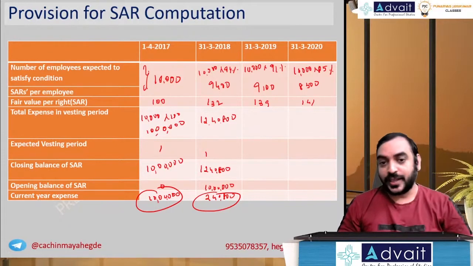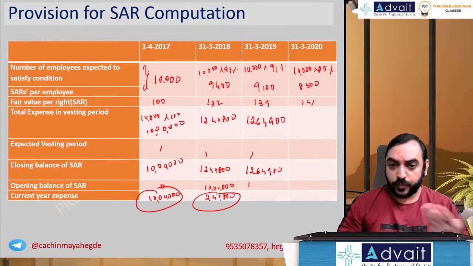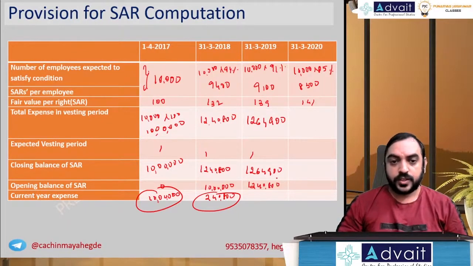Opening date, closing date. Next year end, 9,100 into 139, 12 lakh 64,900. This is the closing balance, 12,64,900, and the previous closing balance is the opening, 12,40,800. So minus 12,40,800, the accounting estimate change is 24,100.